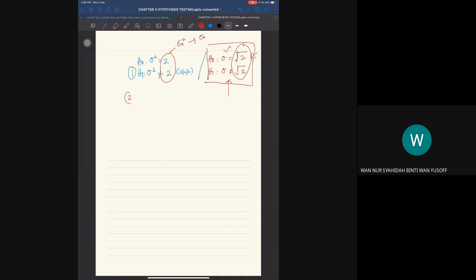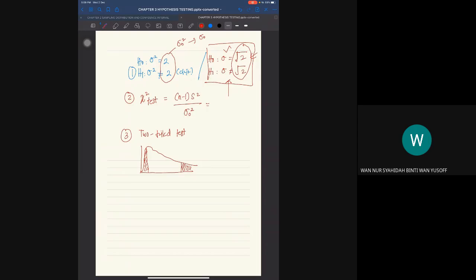So step 2, we have the test statistic. And step 3, we have not equal, so it is a 2 tail test. Make use of this figure, sketch it. Even me, I always sketch this figure in order to determine the decision.